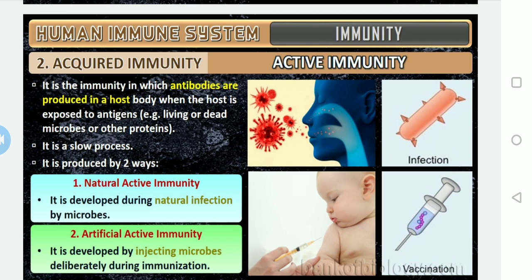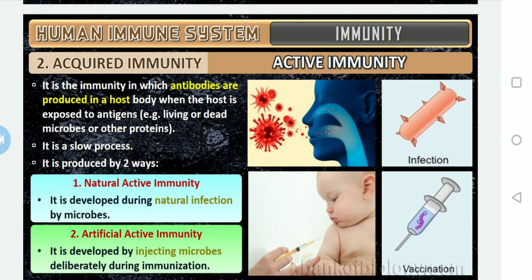When it comes to active immunity, the resistance built up as a result of the body's contact with microbes and their toxins is called active immunity. What is active immunity? The resistance built up as a result of the body's contact with microbes and their toxins.